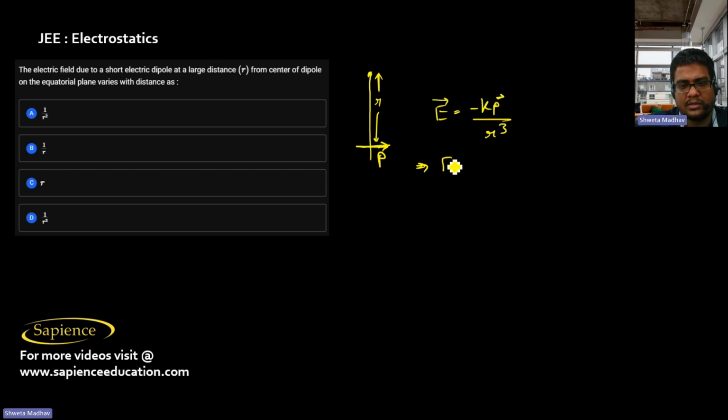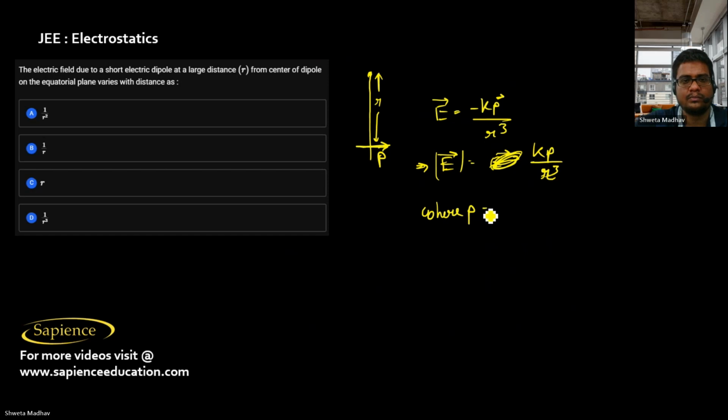So now the magnitude of the electric field will be kp by r cubed, where p is the dipole moment, which is q into 2a.